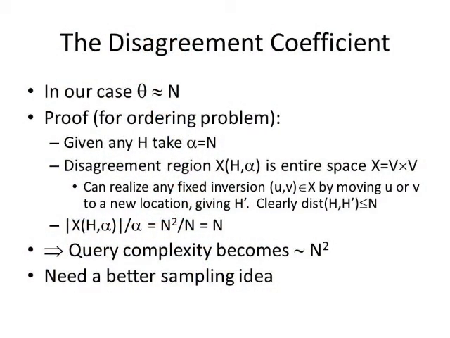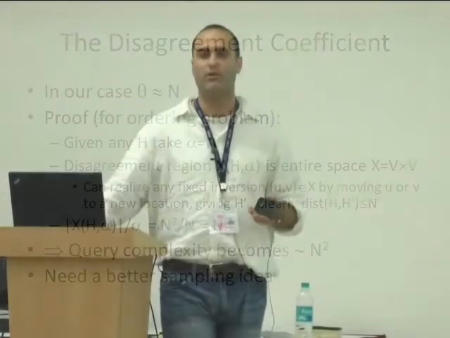So that's nice. Let's try to compute this disagreement coefficient for the problems we have. And by the way, this is Steve Hanneke who championed this theory of disagreement coefficient. It turns out that in our case, the disagreement coefficient can be computed, and it equals n, the number of alternatives, the size of the ground set.